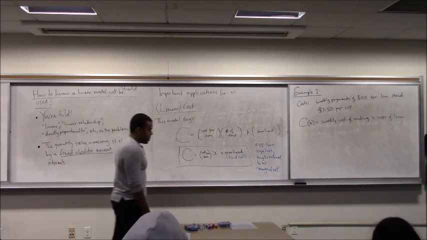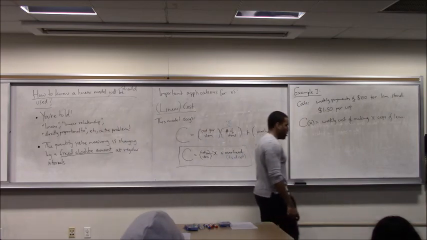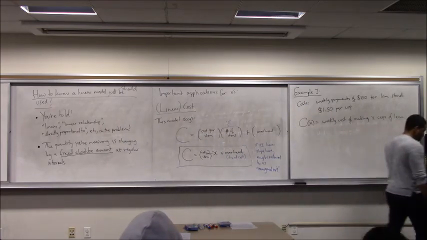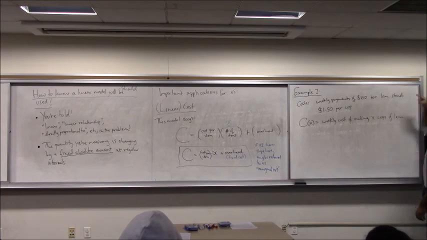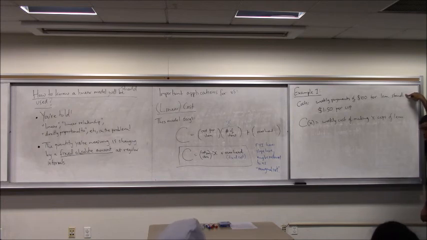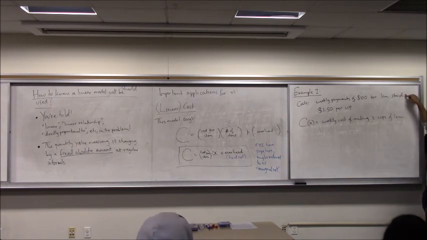In reading this problem, you should notice two things. One, there is a fixed cost, i.e., what I'm paying back for the lemonade stand. That $100 I have to pay whether or not I make lemonade, whether or not I sell lemonade. I need to be making these payments of $100.